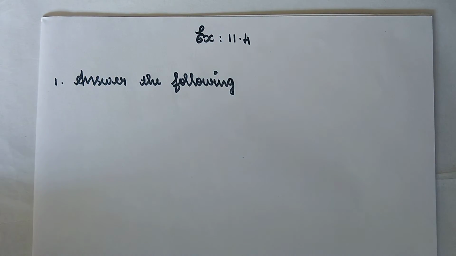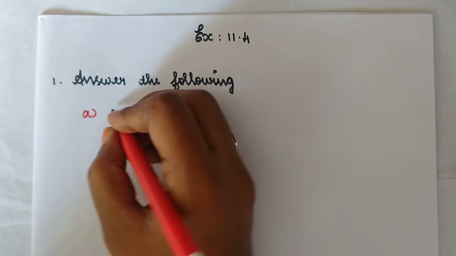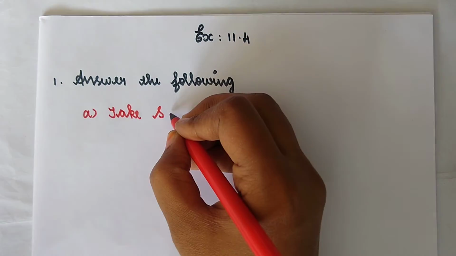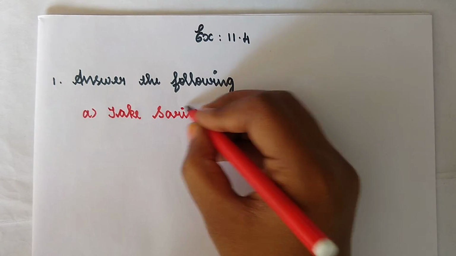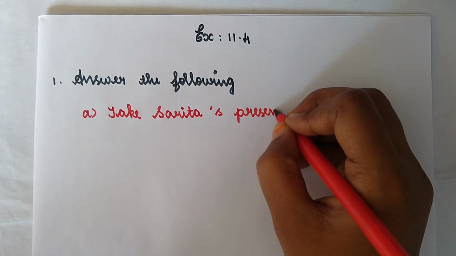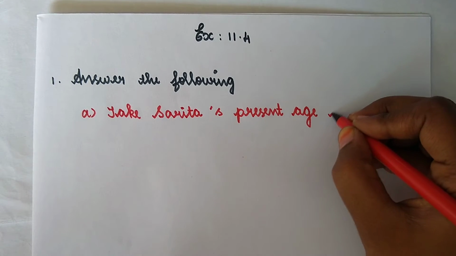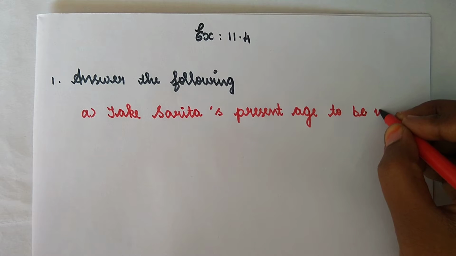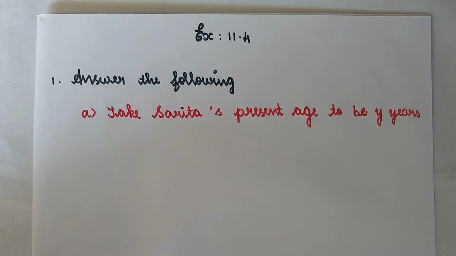Here let me take A subdivision. Take Sarita's present age to be y years. This is A subdivision.